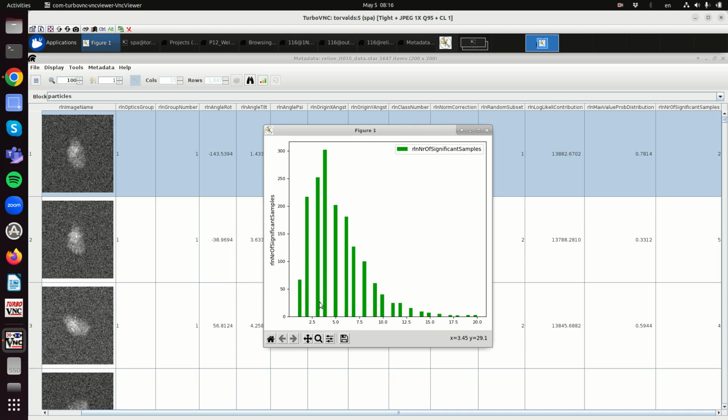Only a few get 1, and then, even if it is kind of extreme, some of them may get up to 20, and this distribution also depends on the level of noise. So if you have more noise, it may extend even further.